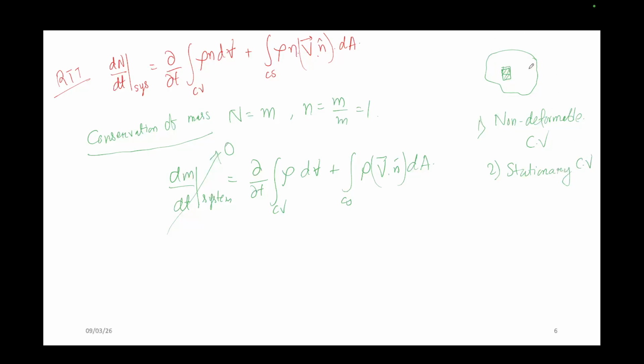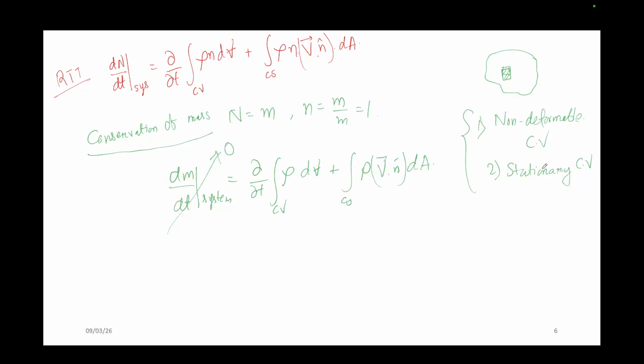In the Lagrangian approach, we consider the whole system as a fixed body. But in the Eulerian approach, inside this body we take a small body and consider it in a fixed position. These two assumptions, non-deformable control volume and stationary control volume, we take for the derivation of conservation of mass. Please remember these.